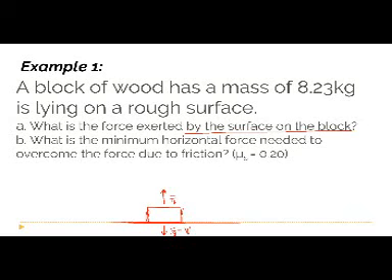So since this is our surface, the normal force is perpendicular to it. And the normal force is the unknown in letter A, the force exerted by the surface on the block.